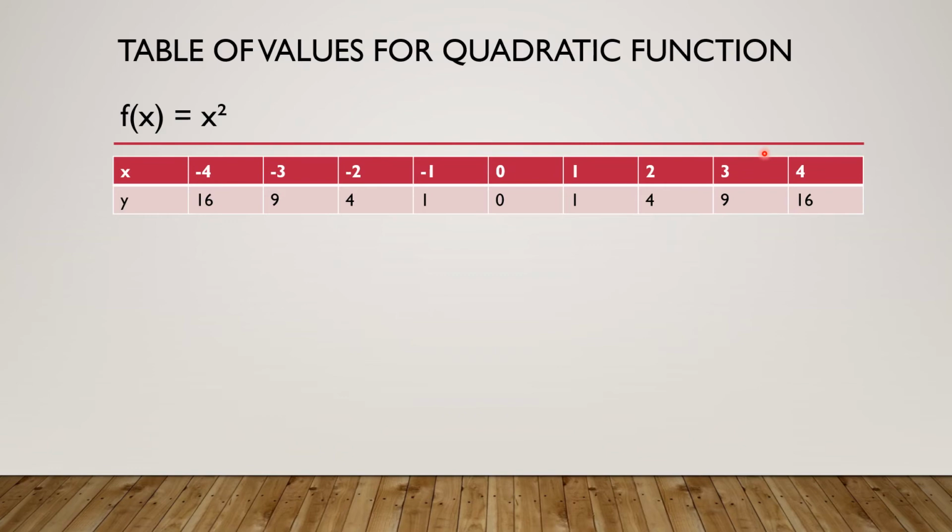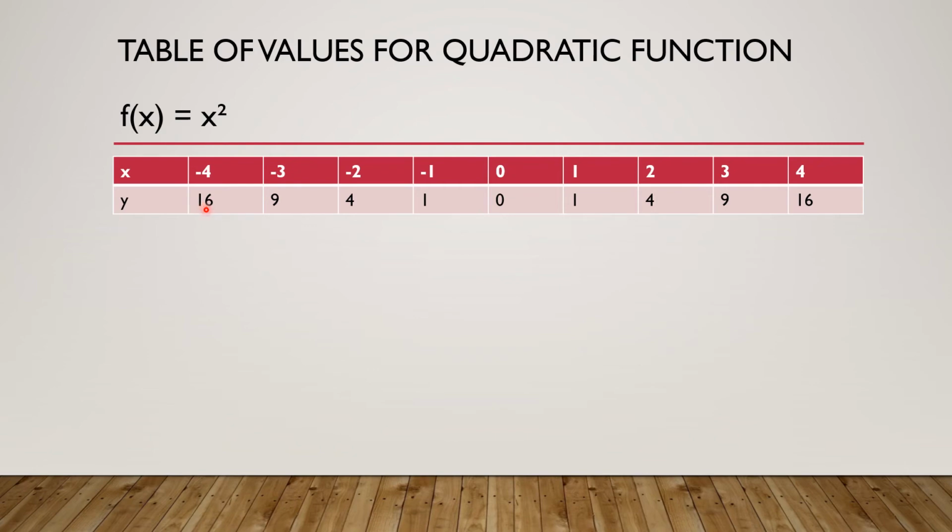Consecutive integers lang ito. Ibig sabihin, pag kinuha natin yung difference ng 4 minus 3, that is 1. 3 minus 2, that is 1. 2 minus 1, that is 1. So, ibig sabihin yung agwat nila, pag kinuha natin yung difference nila, pare-pareho lang na 1.